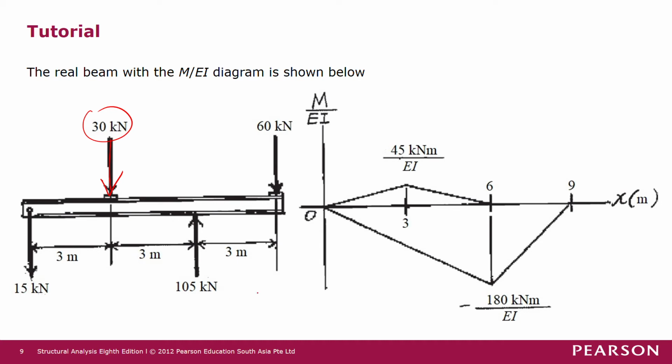We can put all these bending moment diagrams over EI onto the conjugate beam. So for the conjugate beam, originally this is a pin, so it's still a pin, and then this internal roller becomes a hinge, and this free end becomes fixed.